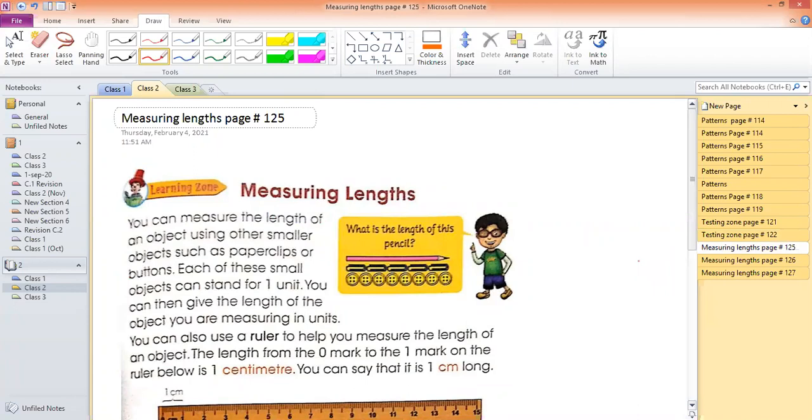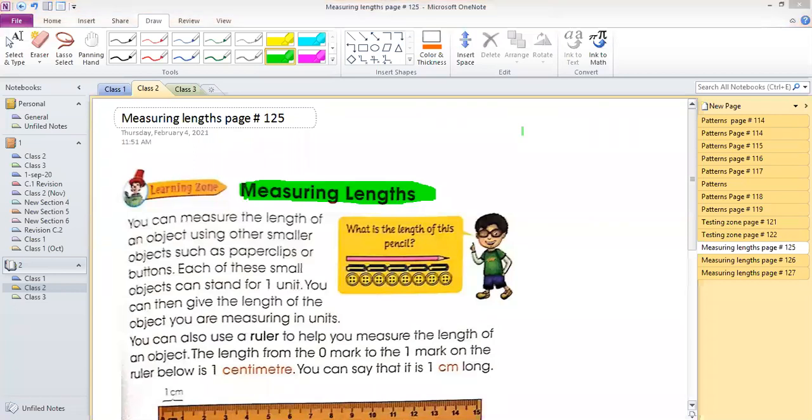The topic which we are going to start today is measuring length, on page number 125. Open your books, guys.